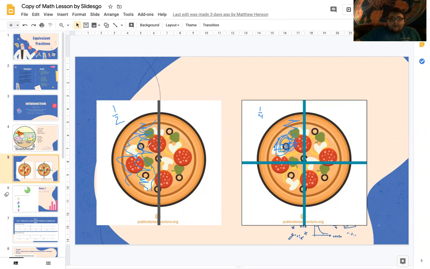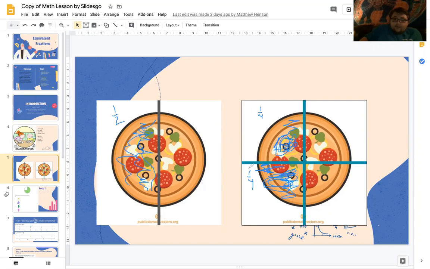But I can look over and see that the amount of shading over here, or the amount of scribble, is not the same as over here. So these are not equivalent fractions yet. What I have to do, sorry, my mouse is being funny. There we go. Is mark that out, and that's also 1/4.